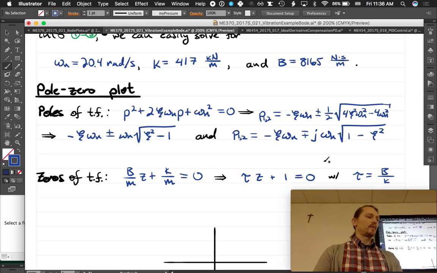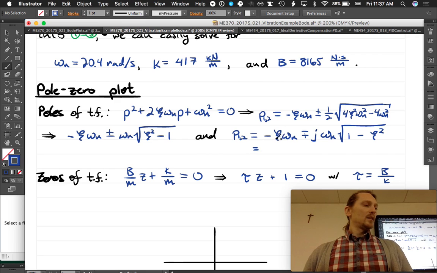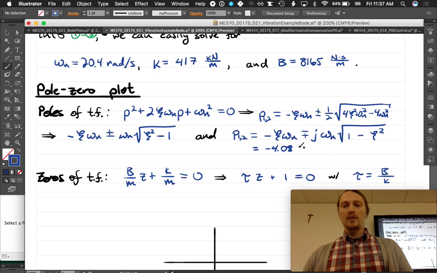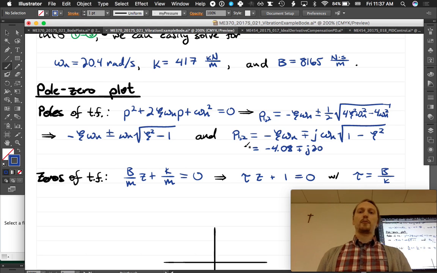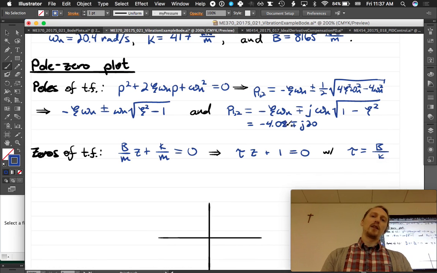Okay? These are the pole locations. And if you plug in the numbers, which I did, believe it or not, it's negative 4.08 plus or minus j20. So that's where our poles are.